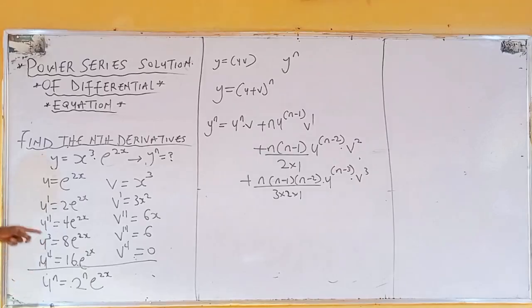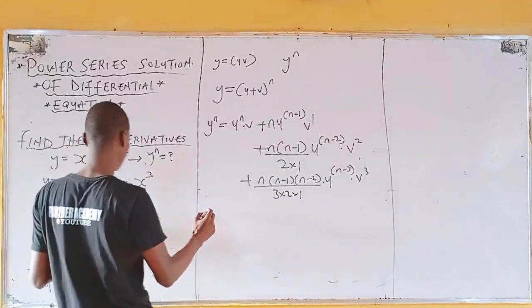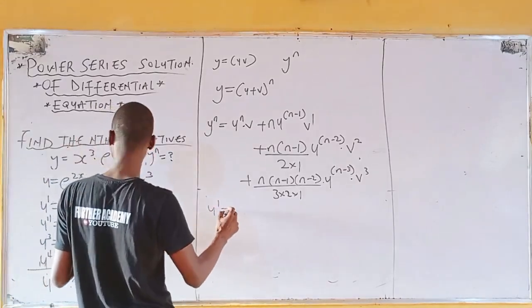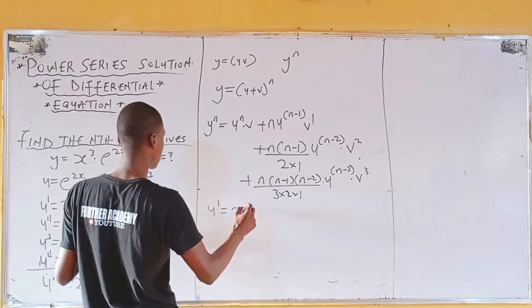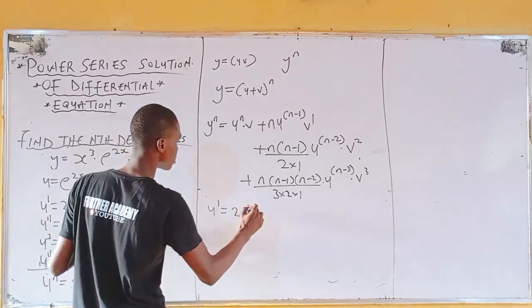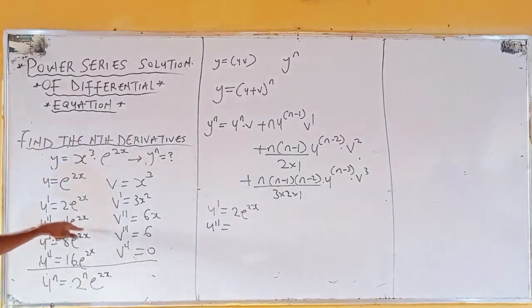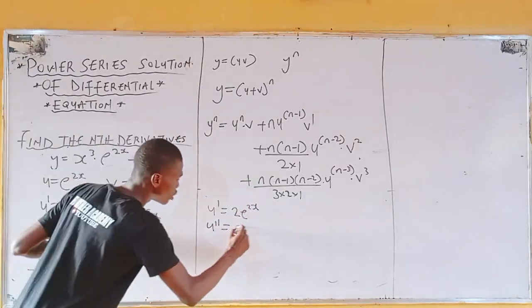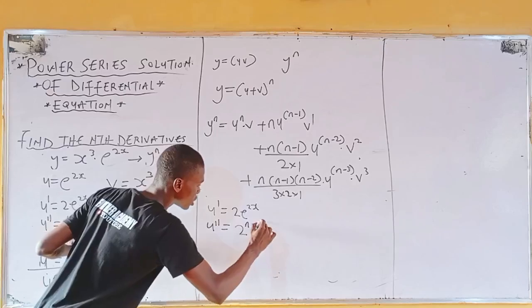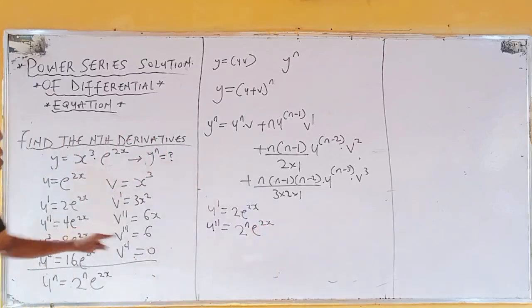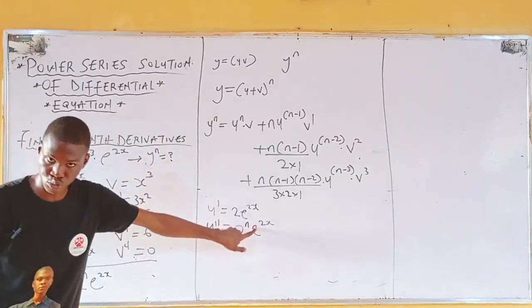The power of u is always in terms of what? n. Instead of writing the second derivative as 4 exponential 2x, I can write it as 2 raised to the power of n exponential 2x, right? Where n is equal to what? 2.